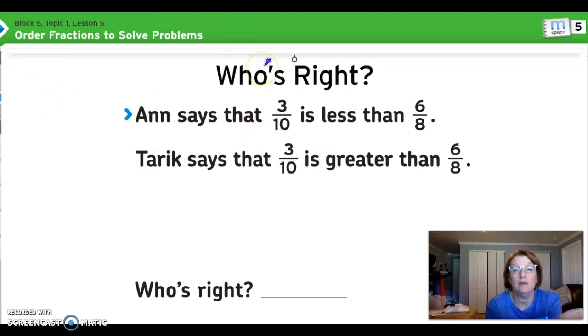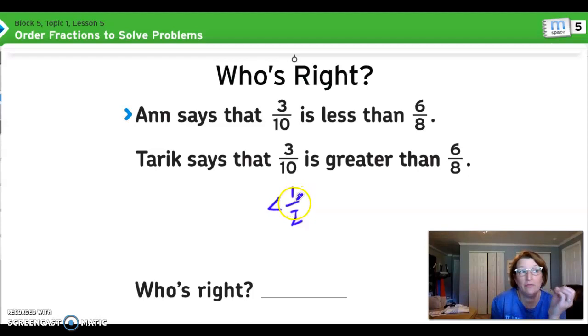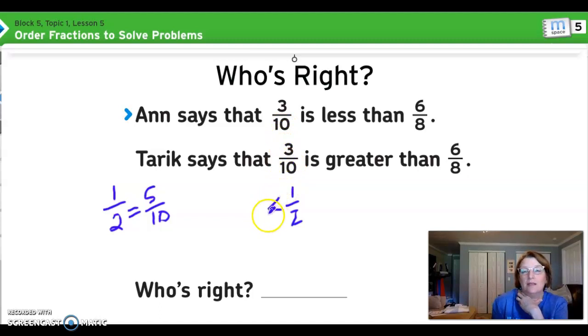So I hope you took a minute and tried this, and you looked at 3/10 and you realized that 3/10 is less than half, because one half would be 5/10 if we're talking about the denominator 10. So 3/10 is less than half.